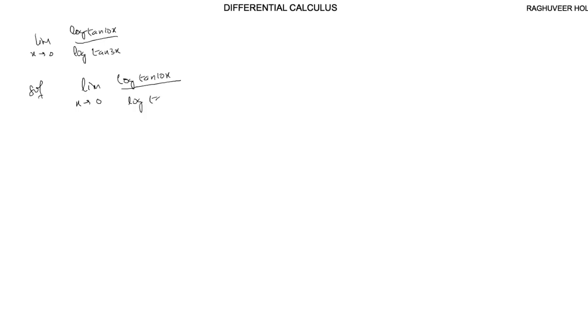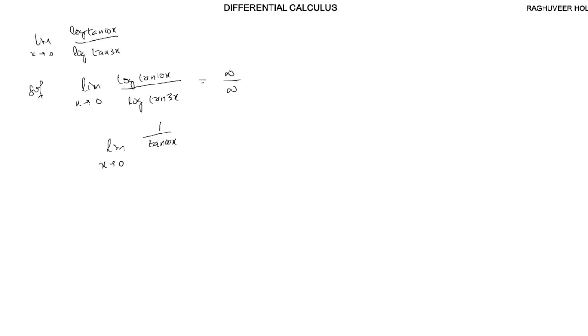Now when you put x tending to 0, we get infinity by infinity, which is an indeterminate form.